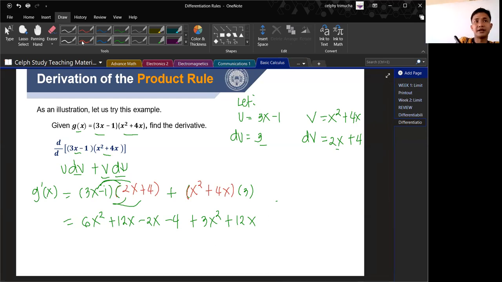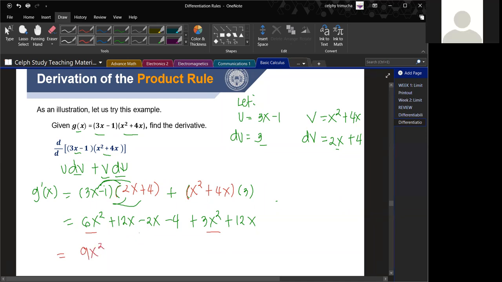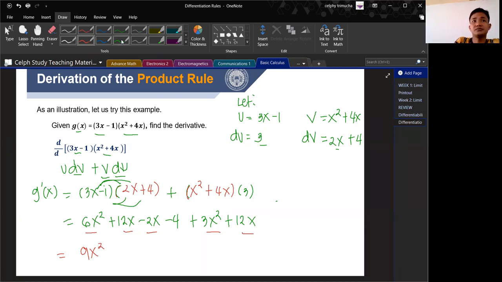Okay, para ma-simplify natin ang equation. So ang answer, 6 plus 3, that will be 9x squared. Then tanan nga mga x, 12x, negative 2x, positive 12x. 12x minus 2 is 10x, 10x plus 12x will be positive 22x.